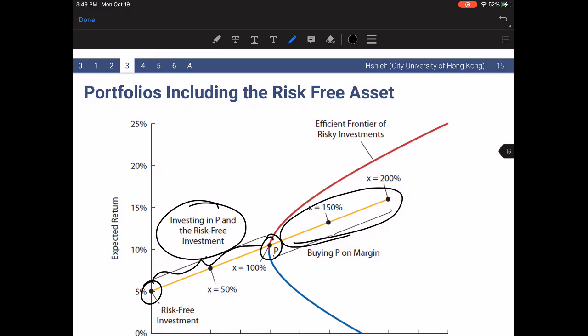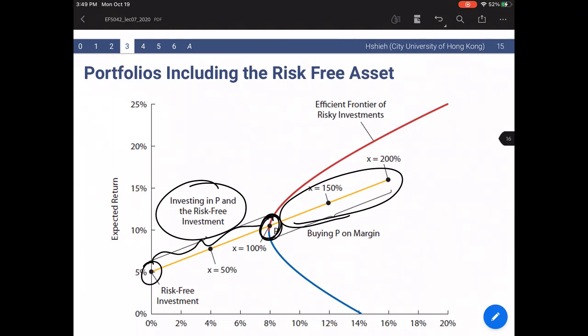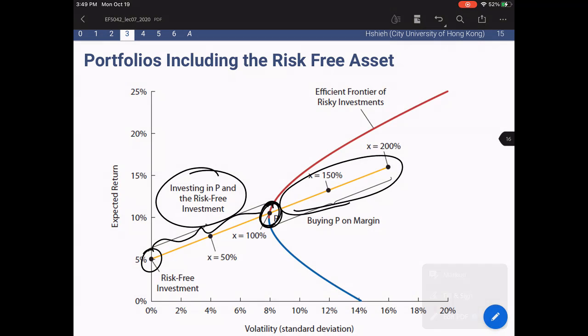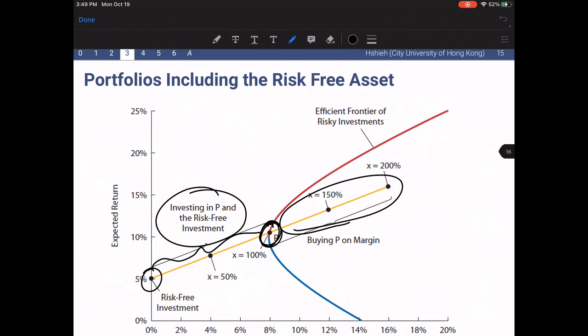Just based on this graph, it should be quite clear that once we get past this point here, these portfolios on the yellow line are strictly dominated by just holding on to the risky portfolio, right? We can see this again by simply drawing a vertical line that intersects these, for example, 150% x and 200% x.